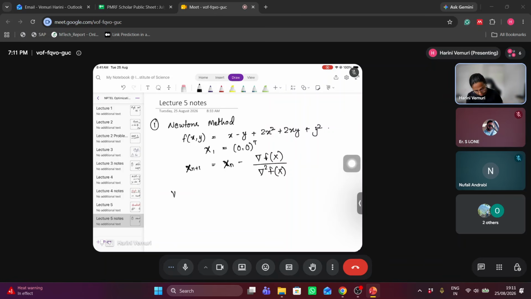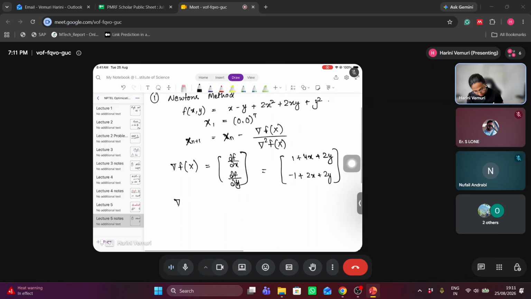So first, you need to calculate del of f of X, that is dou f by dou x, and the second row is dou f by dou y. So that's 1 plus 4x plus 2y, minus 1 plus 2x plus 2y. At 0 comma 0, just substitute 0 comma 0, it will be 1 minus 1.